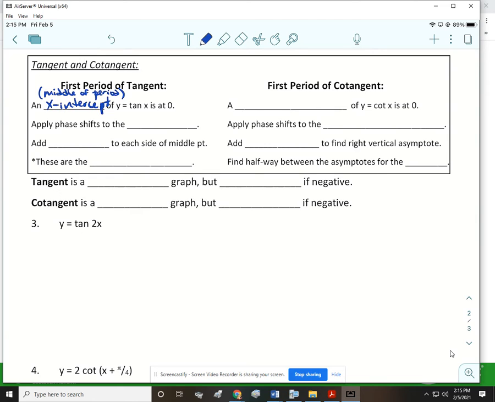So we have to apply the phase shifts to the x-intercept, or the middle of the period. So it's definitely different. And then what you do is you add half a period on each side of the middle point. And then these are going to be the vertical asymptotes.